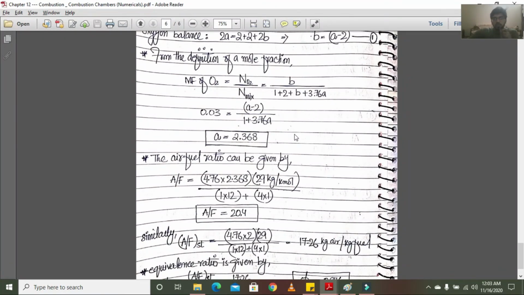To obtain the air-fuel ratio, I will simply multiply the number of moles with the molecular mass.